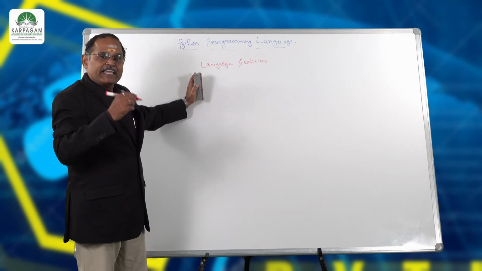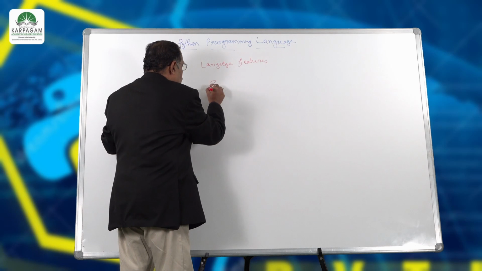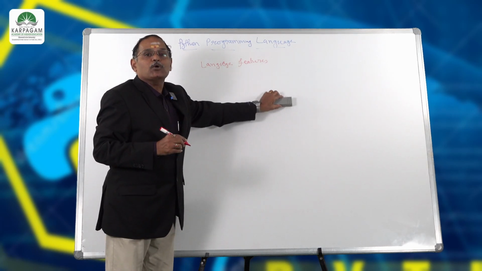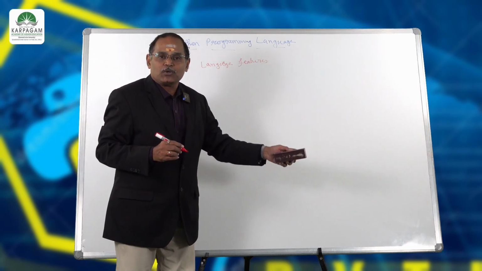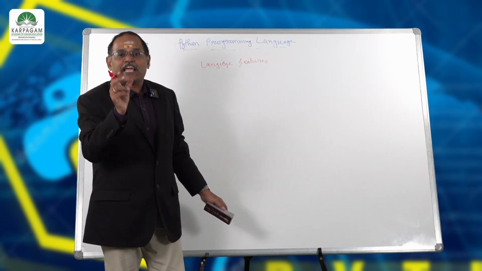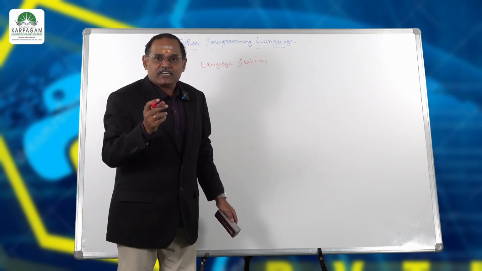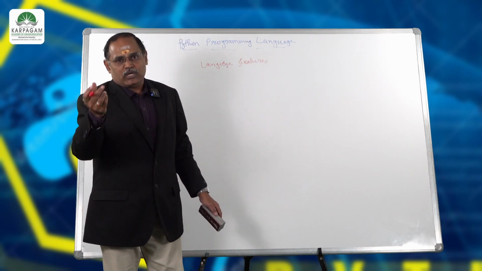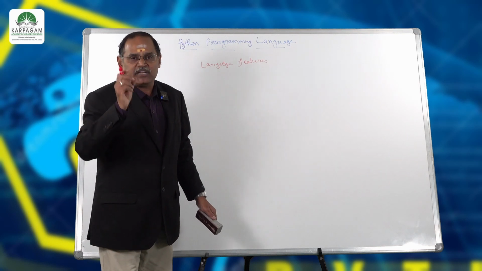It will be taken care of by the system itself. The source code will be converted into byte code automatically. If we are converting that into a byte code, then we can say that it's platform independent. Platform independent means we can work in any OS. That is the basic idea of platform independent.